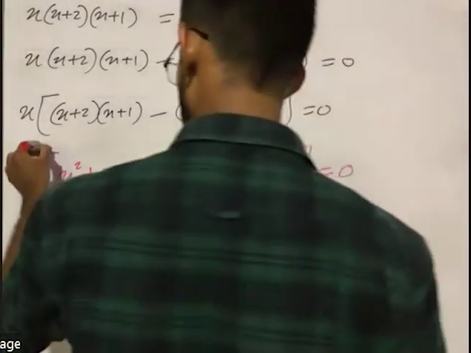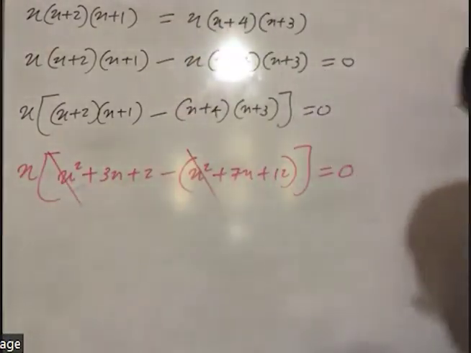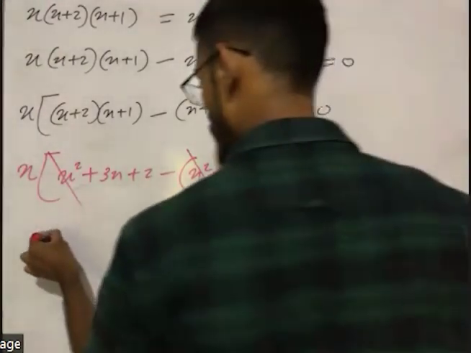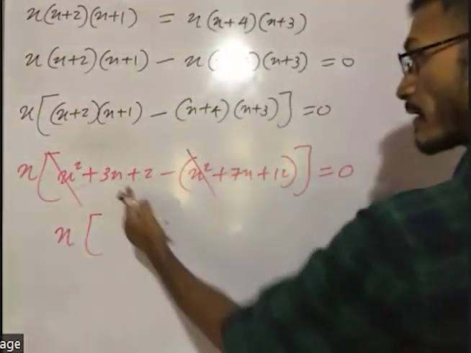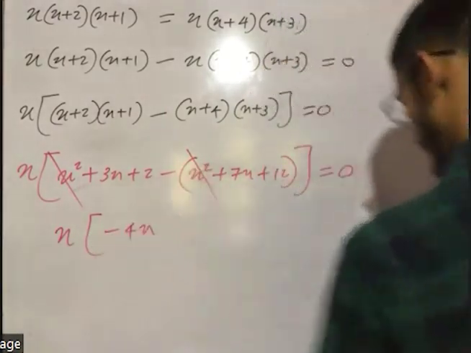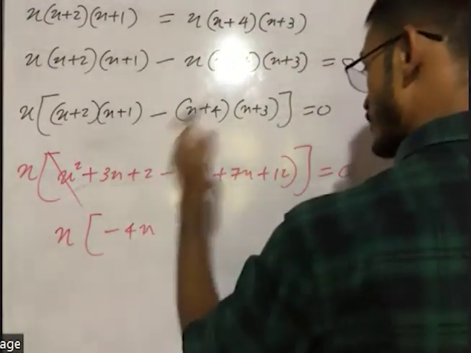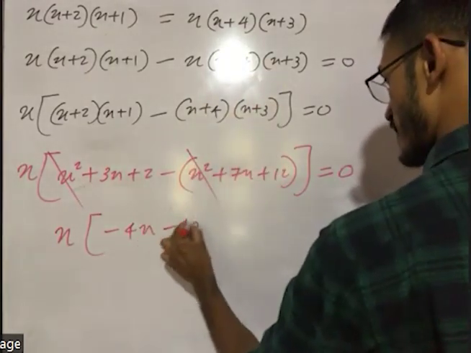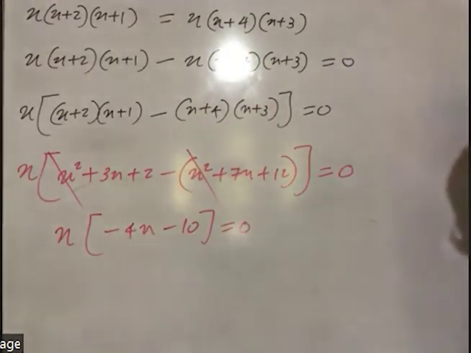Right. So here x square and x square will cancel. Then we have x into, here we have 3x minus 7x, that means minus 4x. Then we have plus 2 minus 12 minus 3 equal to 0.